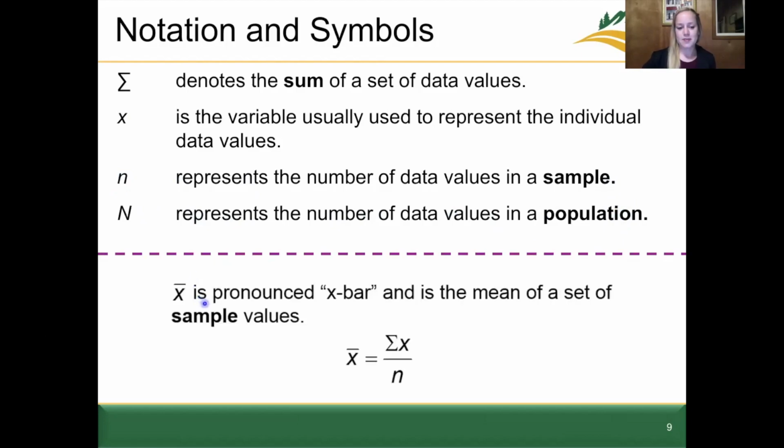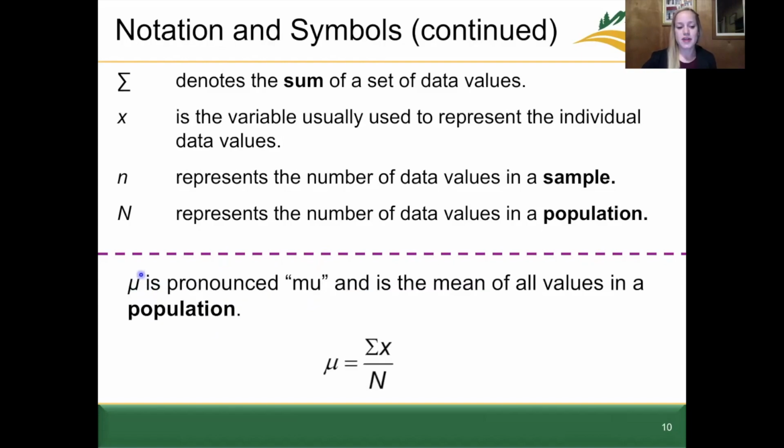Okay, another symbol here is x with a line over it. We call this x bar, and it's the mean of a set of sample values. And recall the difference again between sample versus population. Now here we have this Greek symbol. It's pronounced mu. And it's the mean of all values in a population. Okay, so again, really important to go back and remember what sample versus population means.